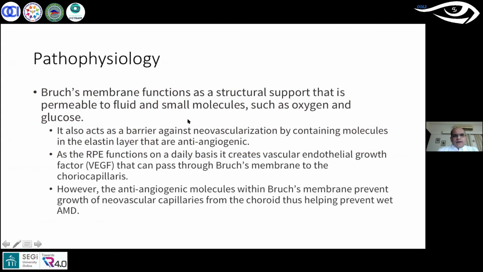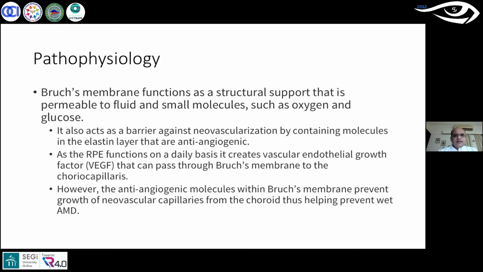So now coming to the pathophysiology, we'll go through this really quickly. The Bruch's membrane is again central and key to this. The Bruch's membrane functions as a structural support that is permeable to fluid and small molecules such as oxygen and glucose, but it acts as a barrier against neovascularization. So it protects the retina from new blood vessels sprouting through the choriocapillaris.